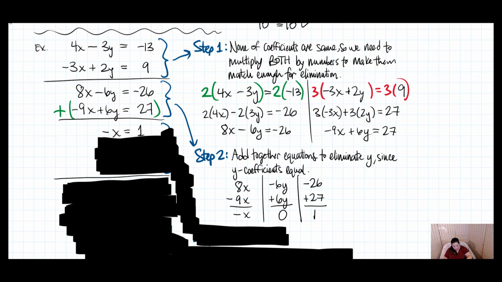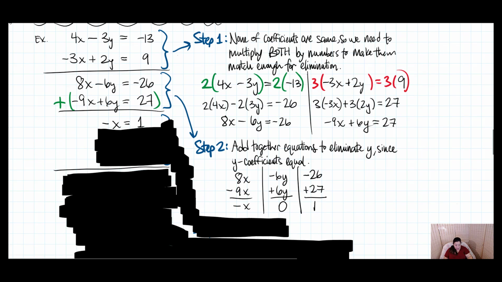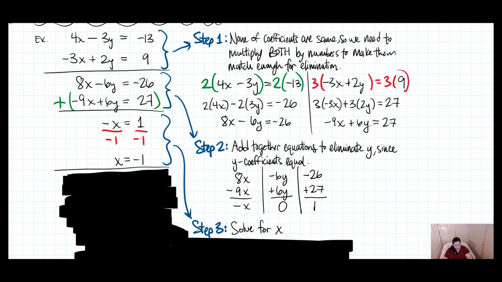So I took this equation and wrote it over here, and then I took this equation and wrote it over here, so that I can combine them. So when you add them together to eliminate your y value, you end up with the equation negative x equals 1, which is a pretty straightforward, simple equation. So all you have to do is solve for x from that point. Very easy.